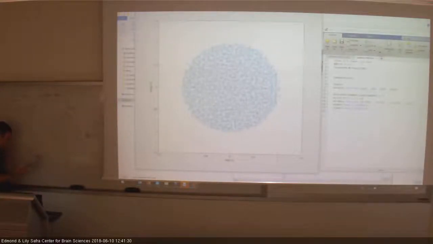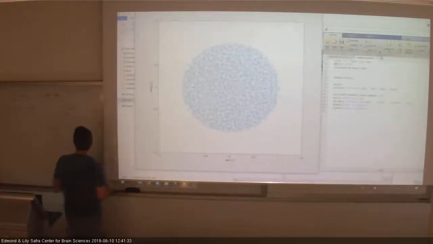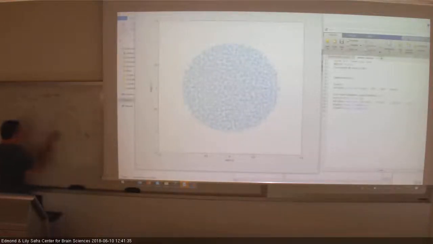And what Girko's circular law tells us is that in the limit of n going to infinity, the eigenvalues will be uniformly distributed in this circle.